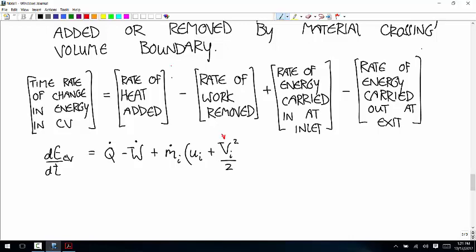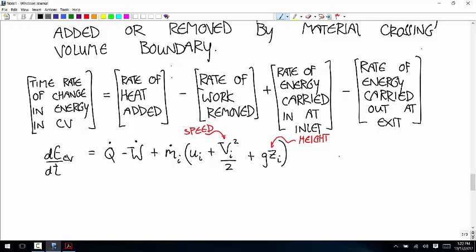So this is speed. Plus gravity times the height at the inlet. So Z is the height. Most of the time, the kinetic energy term and the potential energy term are going to go away. They're going to be so small compared to everything else that we won't care about it.